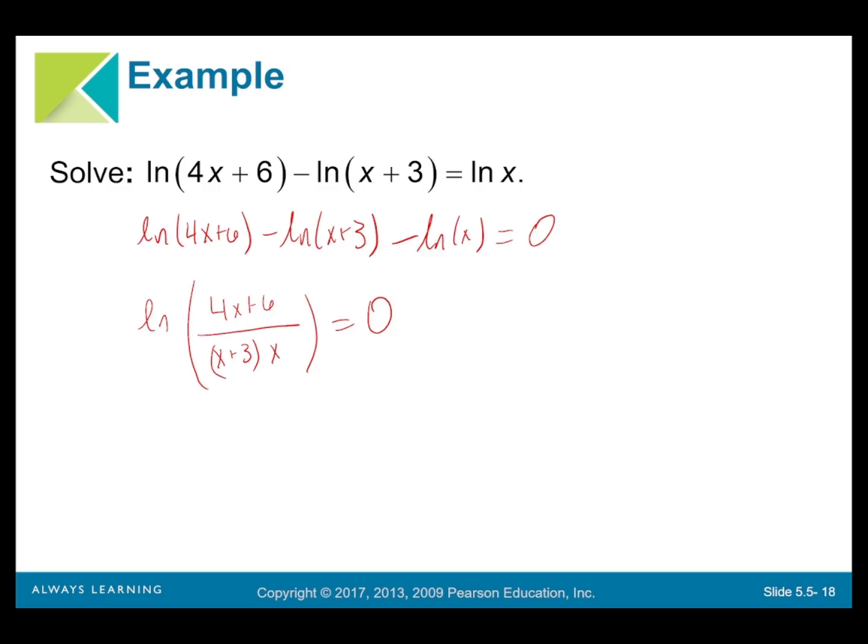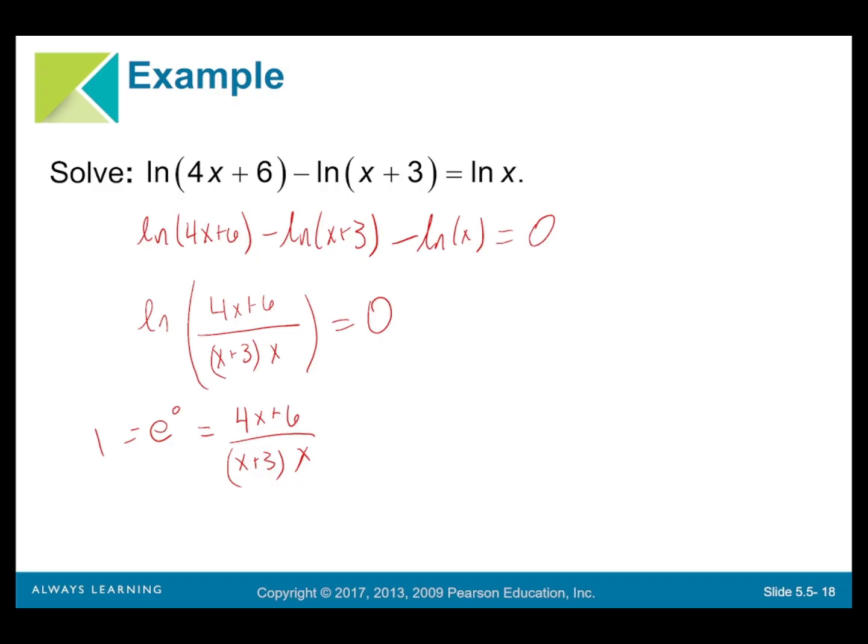Rewriting this using exponents, with base e and exponent 0, this must equal what we have in parentheses, (4x + 6) over (x + 3) times x. But e to the 0 is 1, which means we need to know when (4x + 6) over x(x + 3) equals 1.